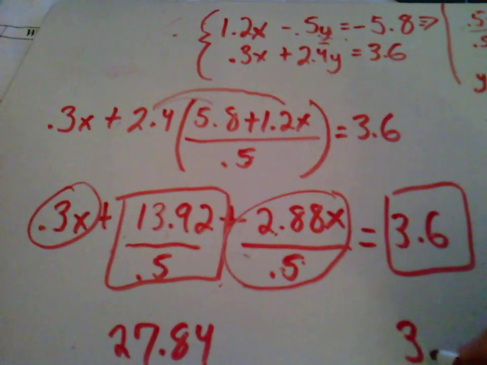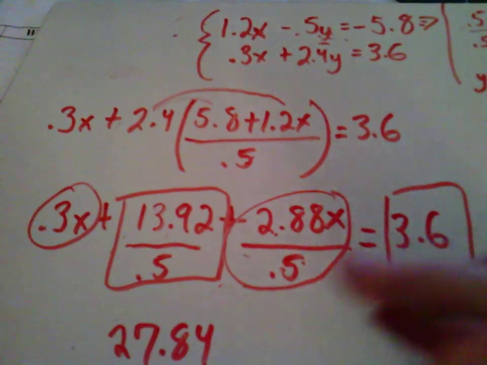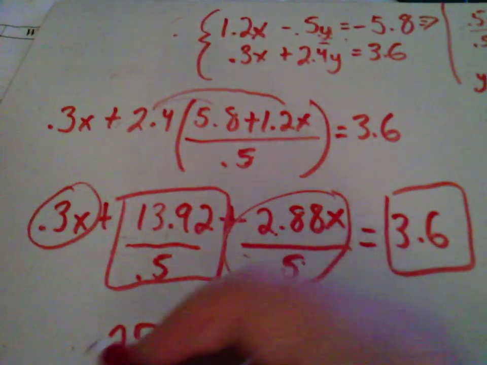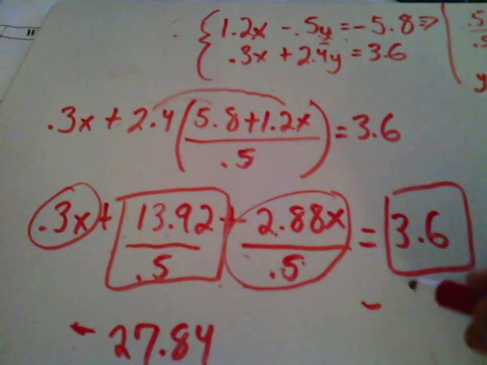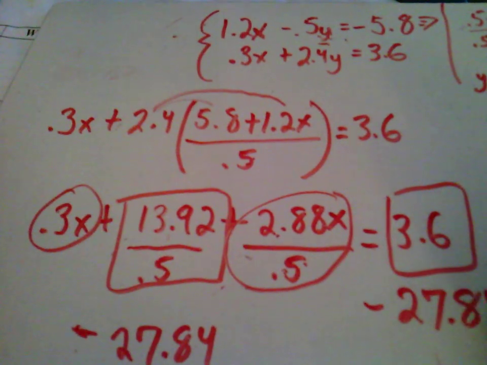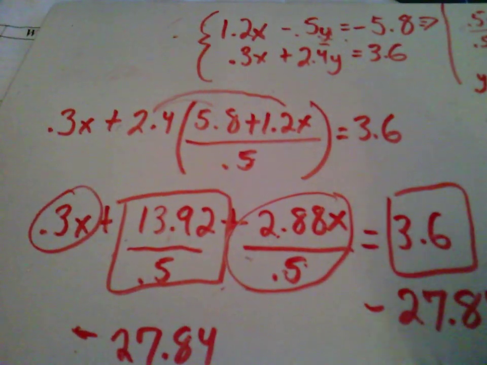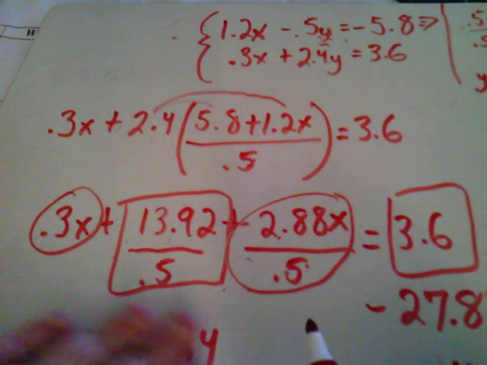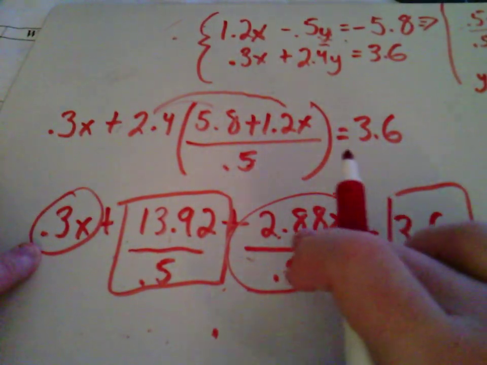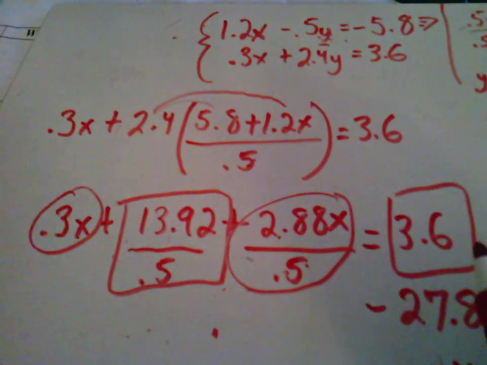Let's subtract 27.84 from both sides of the equation. 3.6 minus 27.84 is negative 24.24. That is equal to 0.3x plus 2.88x divided by 0.5.